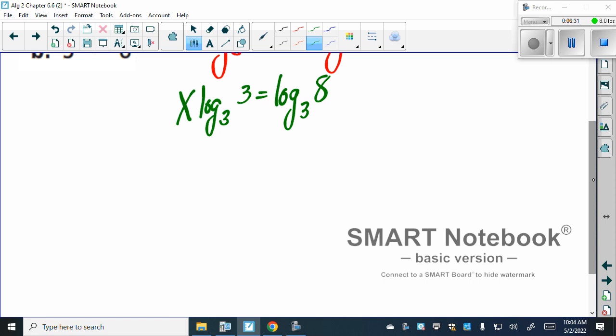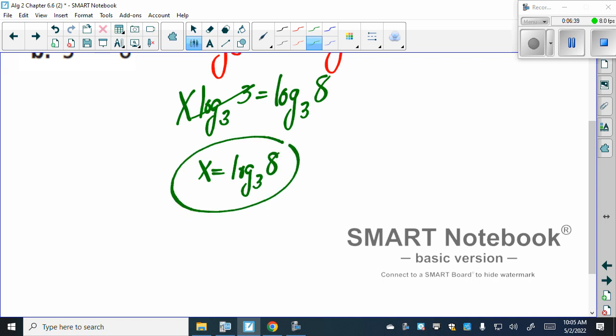Well, log base 3 of 3 is just 1, so we get x is equal to log base 3 of 8. And unless it's asking us to approximate, that there is the answer.